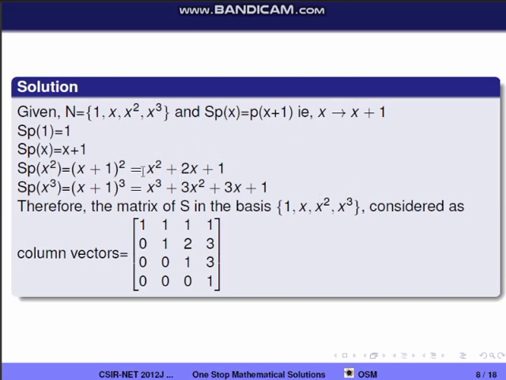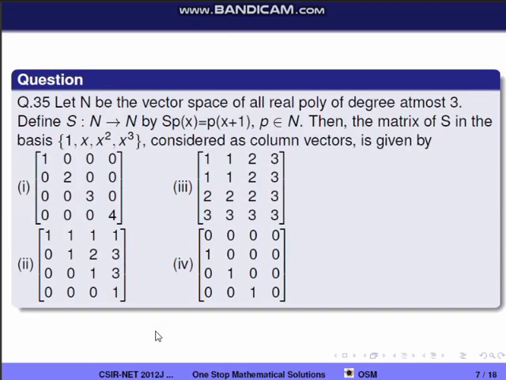The x cube coefficient is not there, so it is 0. Similarly, we write for S(x cube), that is 1, 3, 3, 1. So we'll get like this. This is the matrix representation of S. So let us check the correct option now. The correct option is the second one.